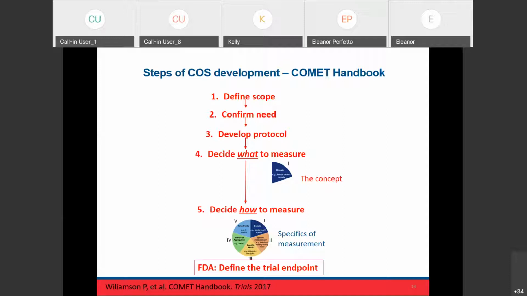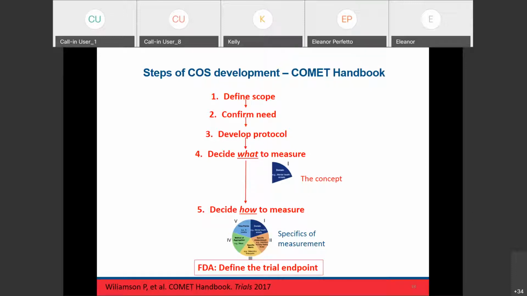They've put out this basic stepwise framework for developing core outcomes, which involves defining scope. What are your disease areas? Is there a particular population or therapy that is relevant for your scope? Make sure that there's a need there.